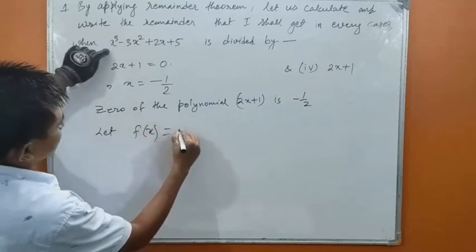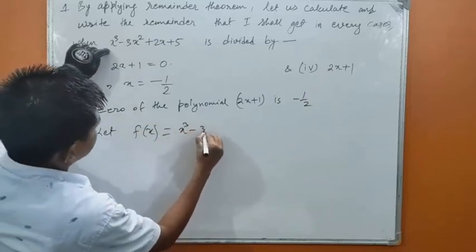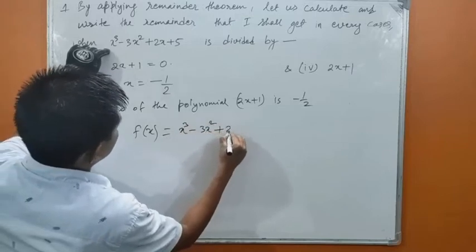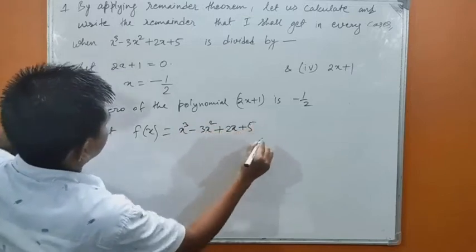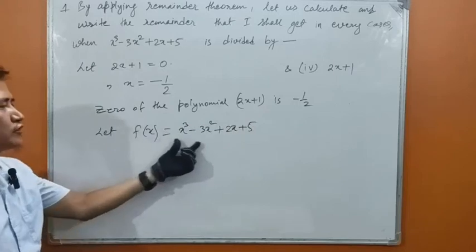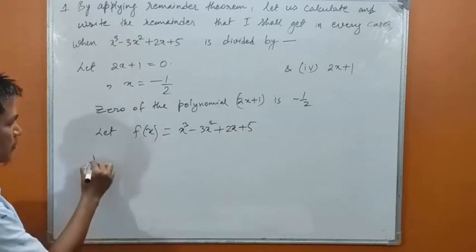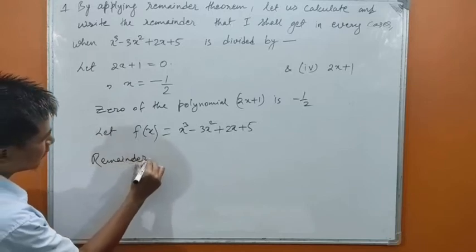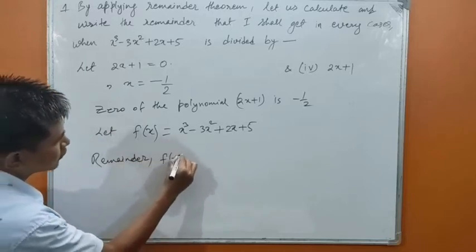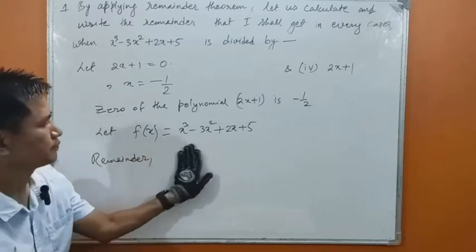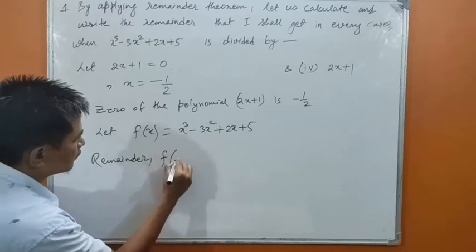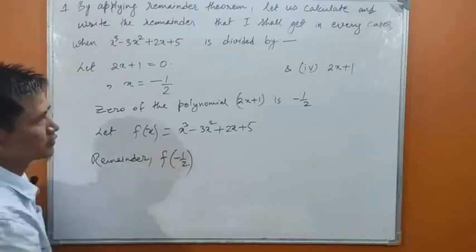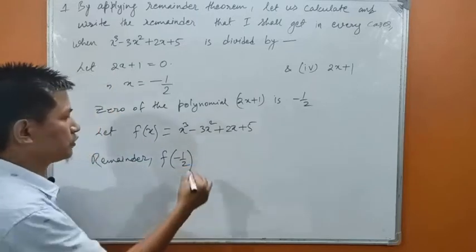f(x) equals x cube minus 3x square plus 2x plus 5. Since f(x) is this, the remainder will be f(-1/2). f(-1/2) will be the remainder.